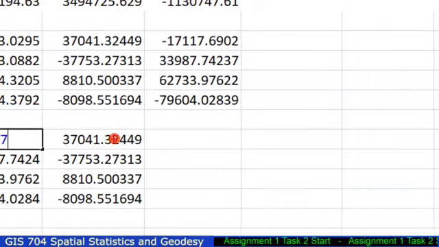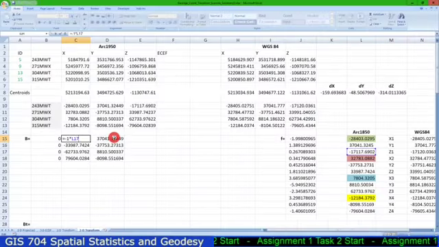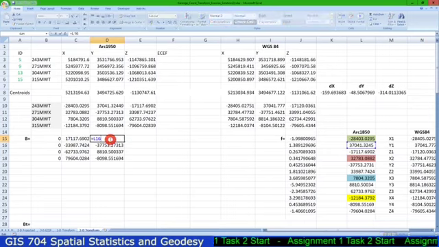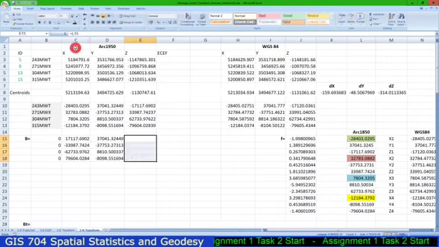Similarly, that one is the same as the Y coordinate, and this one will be the same as that one. And so you make up that initial square.